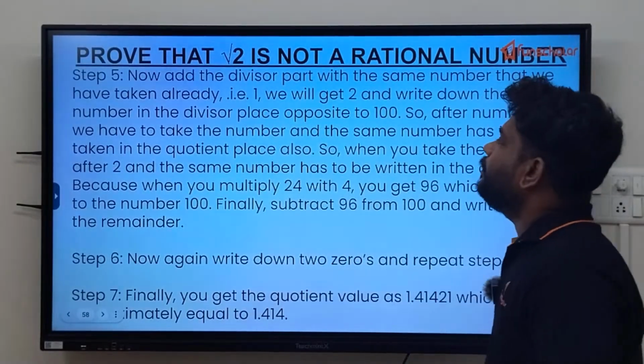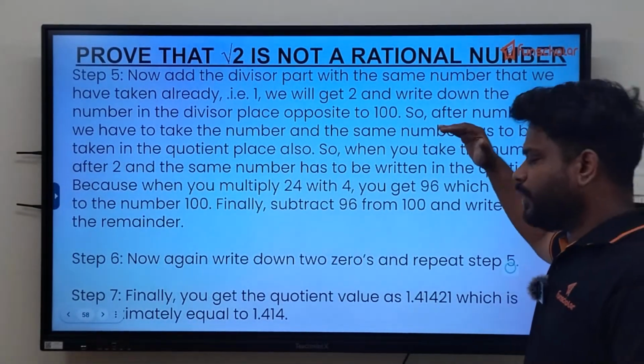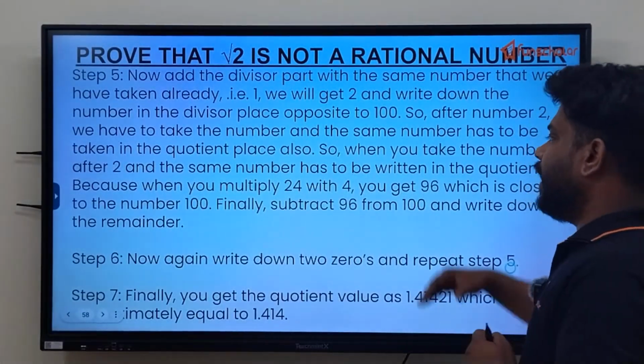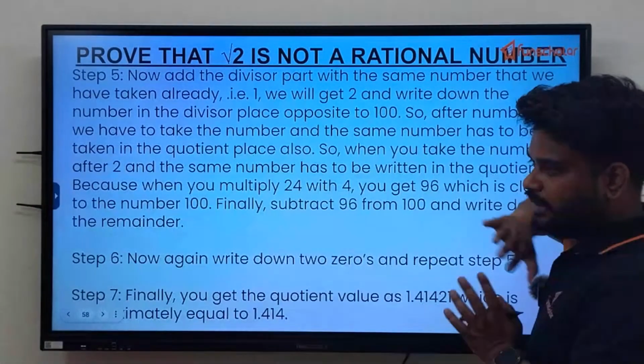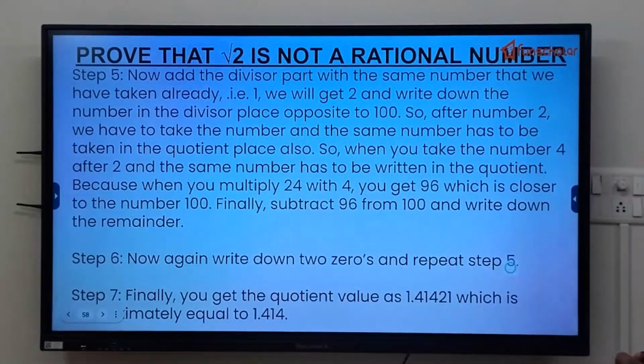Now step 5, add the divisor to itself. This is how we find the root of any number by the division method, which they have just explained. In step 6, again write down 2 zeros and repeat step 5.